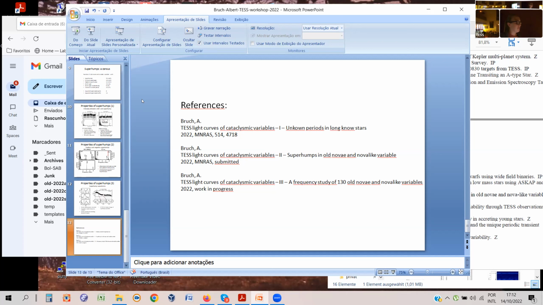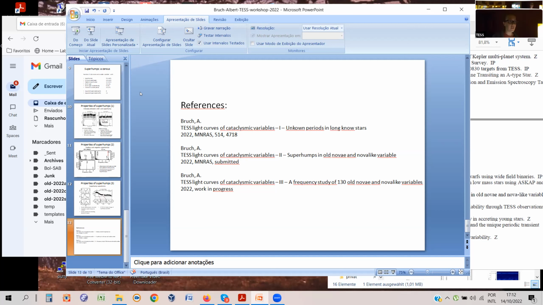I was wondering if the 3-minute FFI is going to help you do this kind of analysis for many more systems. Will the 3-minute FFIs allow you to do this analysis for many more systems? 3-minute would be just about sufficient, yes. I didn't try that yet, but I just collected the 2-minute light curves, and these are quite satisfactory for this type of work.